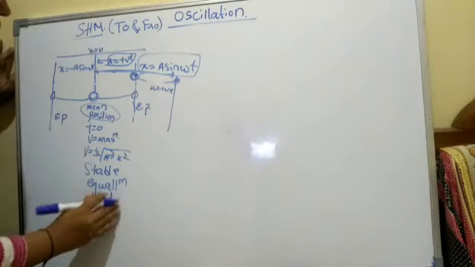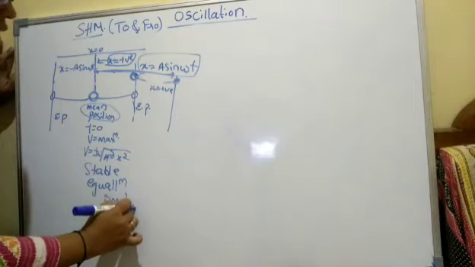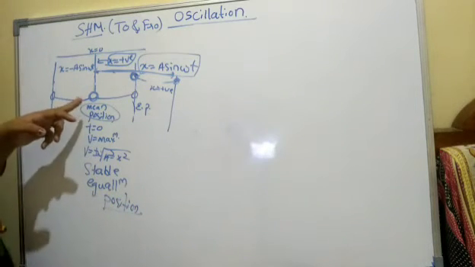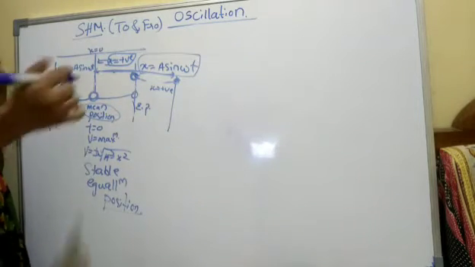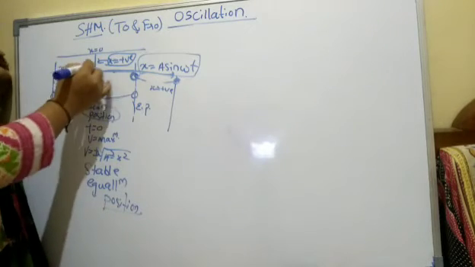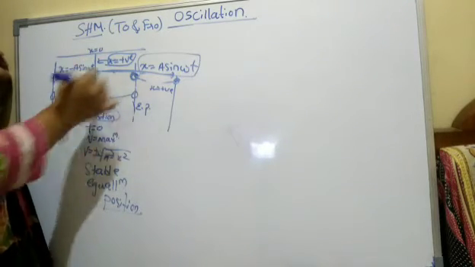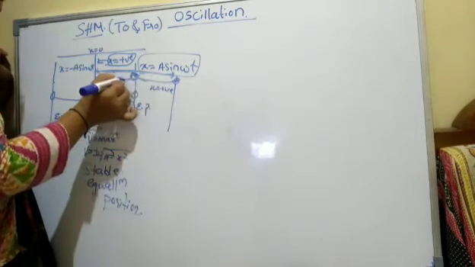Why have we said so? At this position the particle is going to settle in equilibrium between both the extreme positions. So that's why this is a stable equilibrium position, or mean position. Always its x is measured from the mean position here. Once it is moving here, it will move a certain distance.